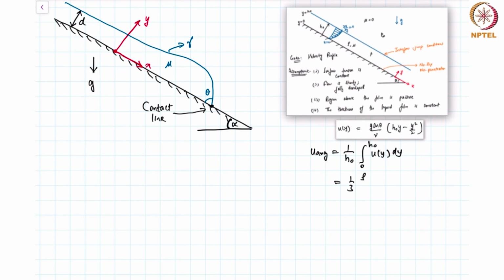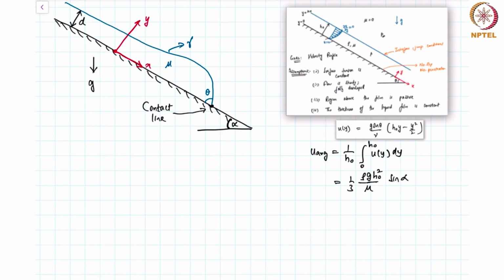So that will be rho by mu, g h naught square times sine of alpha. So you see that the average velocity is given by rho g h naught square by mu times sine of alpha.